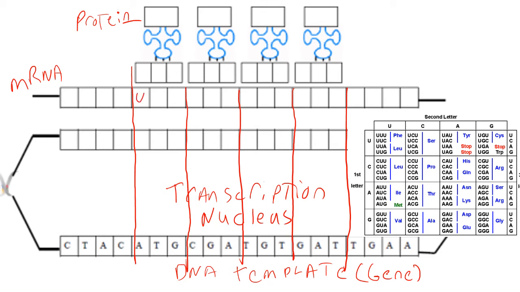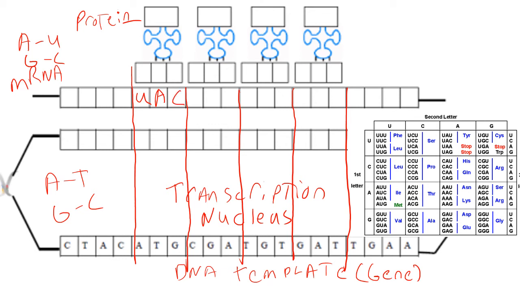A would bond with U because the base pair rule for RNA is AUGC, not ATGC. The only difference is that when you would expect to see a T, in the RNA we see U instead. So notice A with U. T, well, T always bonds with A, and A is found in the RNA.